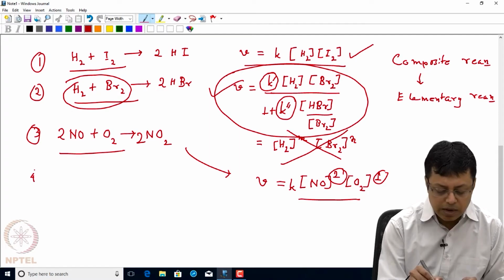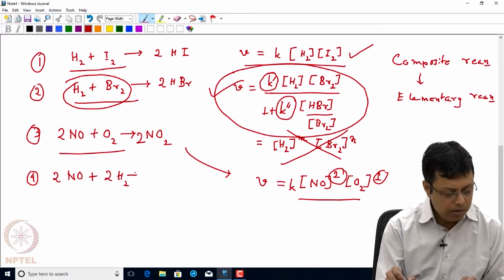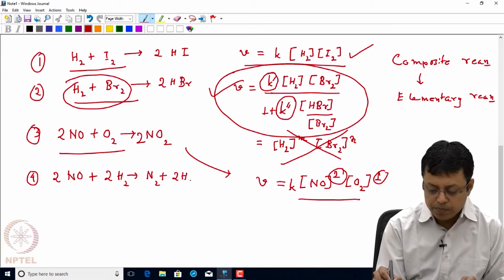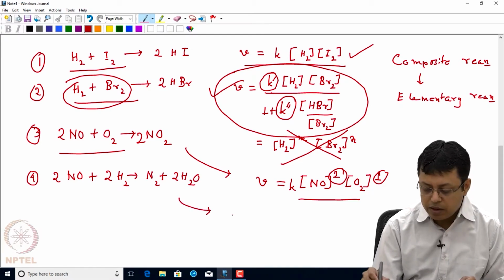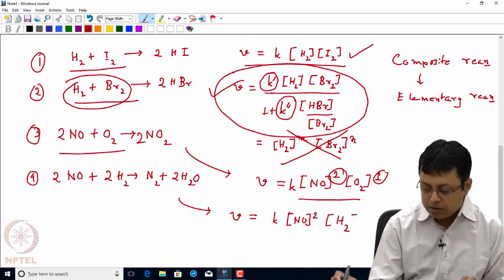Now a similar looking reaction, which is nitric oxide reacting with hydrogen, to produce nitrogen and 2H2O. For this reaction we find that the rate is equal to nitric oxide squared and then the concentration of hydrogen.